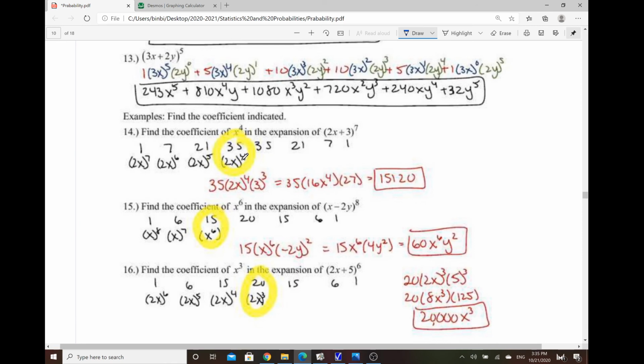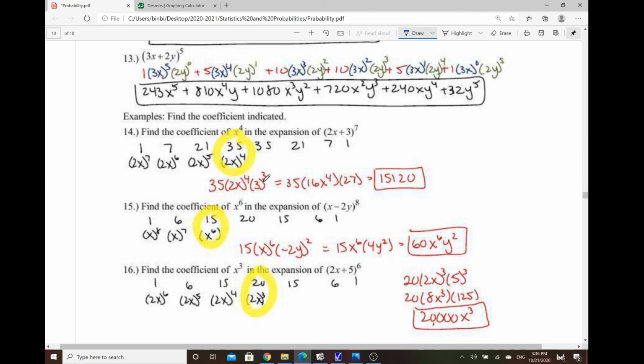And also keep that in mind with the Pascal triangle. So we got 1, 7, 21, 35. So you need to follow through the Pascal coefficient as well. So 35 times 2 to the power 4, that'll be 16 times 35. And don't forget about the 3, the next term. It's 3 to the power of 3, because we're using power 4, so that means the rest of the power will be 3.